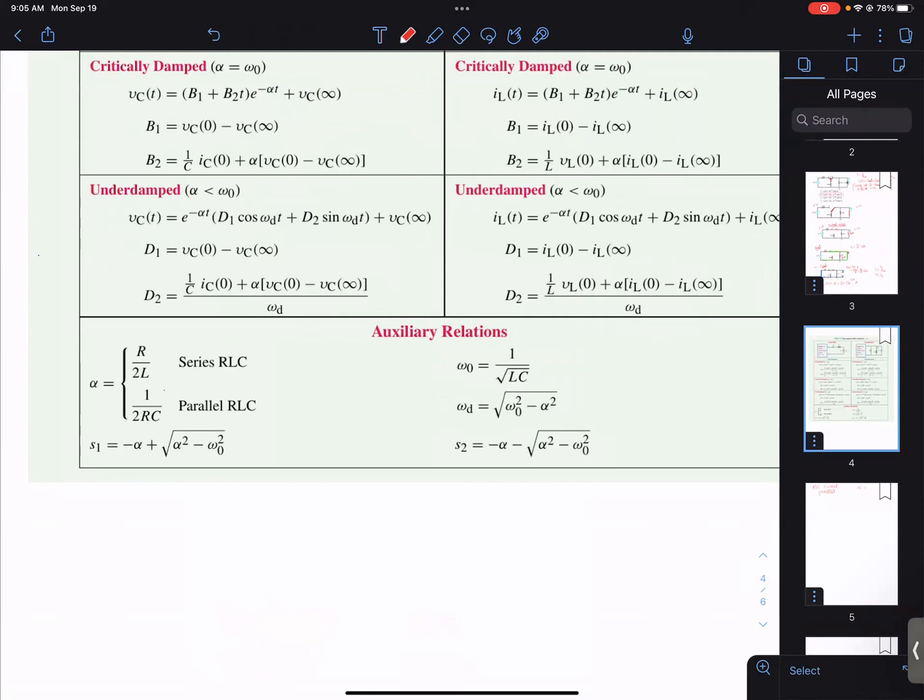I gave an example where in series the R was 0, which means alpha is 0, which means it is always going to be less than omega naught. But what about the other situation, when R is 0 in the parallel case?